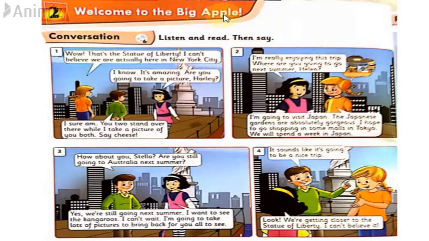Welcome to the Big Apple. As you see, this is an exclamation point. When do we use an exclamation point? We use an exclamation point whenever we have to express feelings or emotions, or when we have to express ourselves.